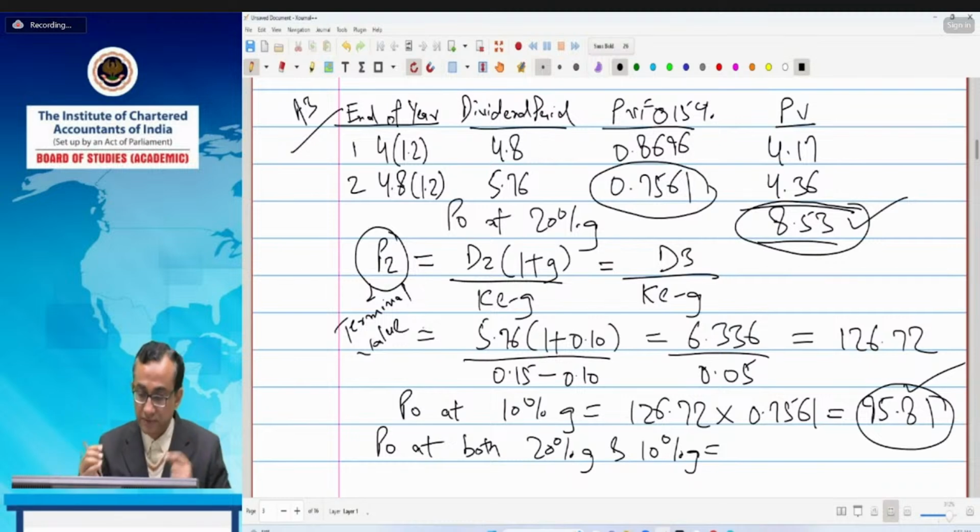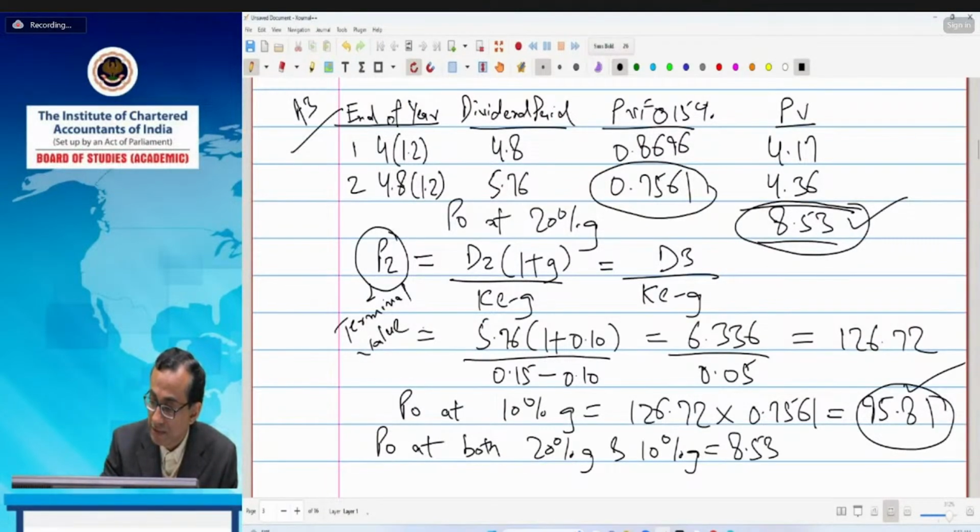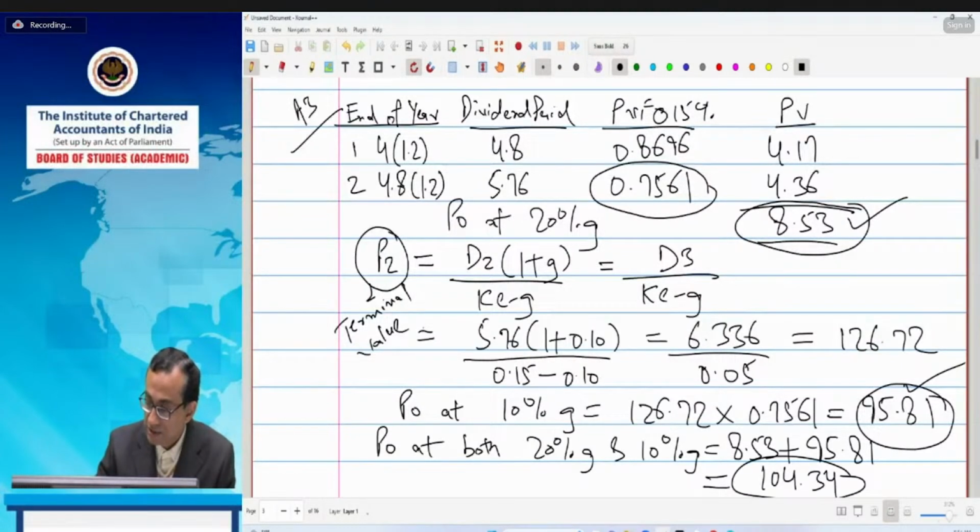So it will be 8.53 plus 95.81, coming to 104.34. So this is the final answer, 104.34.